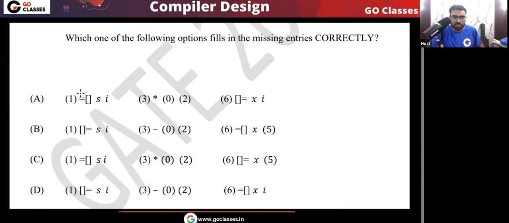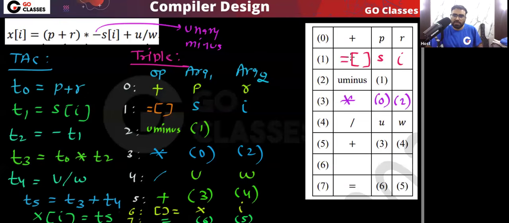Here, bracket then assignment, this you can eliminate. Option A and option C are still pending, because both are correct. But the operator is assignment bracket, and then S comma I, you can easily see. So this is position 1.